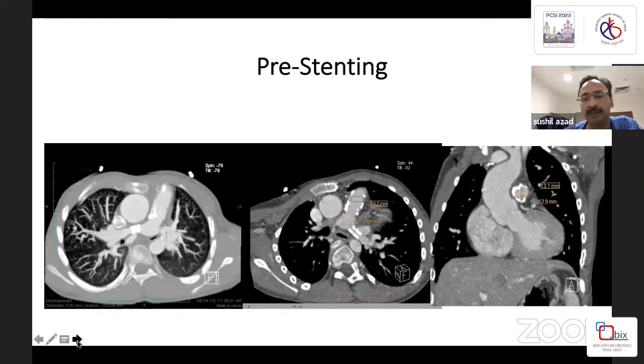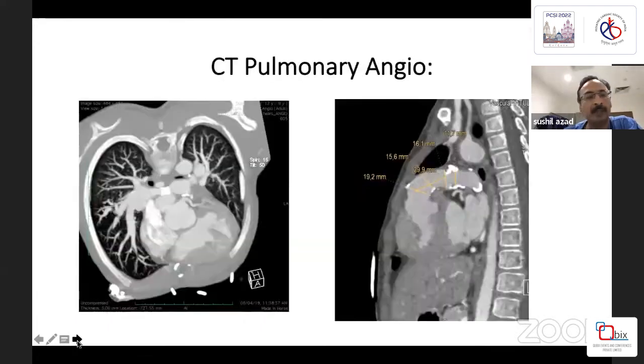The length was around 30 millimeters in the lateral and around 40 millimeters in the RAO projection. So length was not an issue. It's a fairly long length with a significant narrowing.